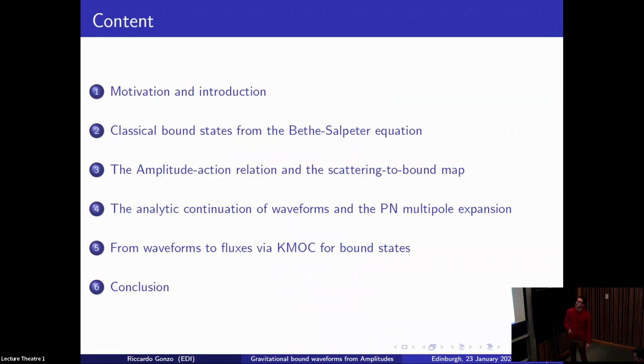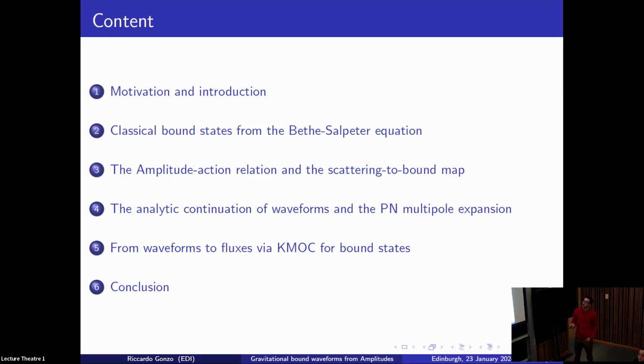Okay, so we go over some introduction where I want to look at bound waveforms from the PM approach. Then I will try to describe one approach, which is to consider the beta subbeta recursion and what it tells us about bound states from the amplitude resummation, and we'll see.